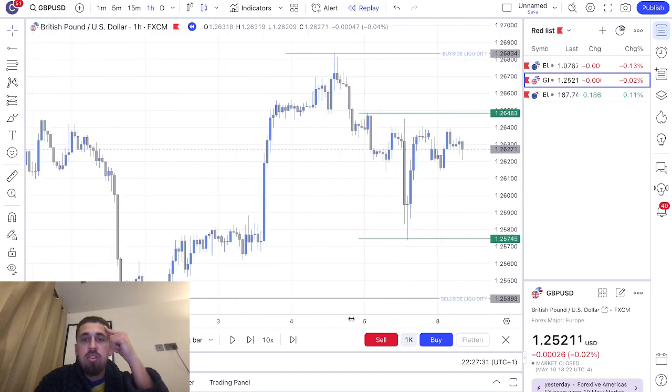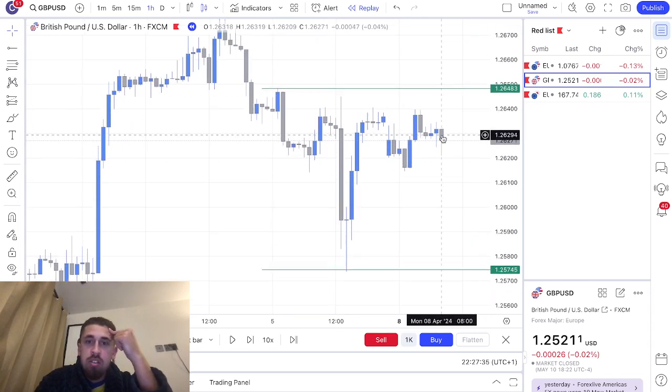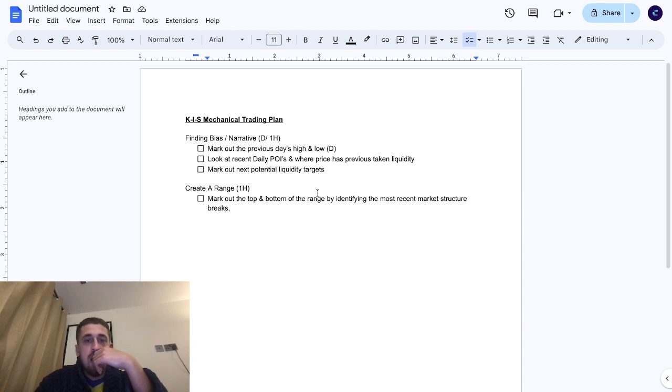It just has to be most recent, otherwise it gets way too complicated. So let me just put that in italics then: the most recent market structure breaks.